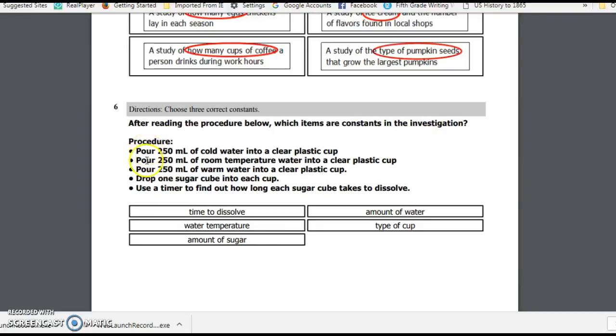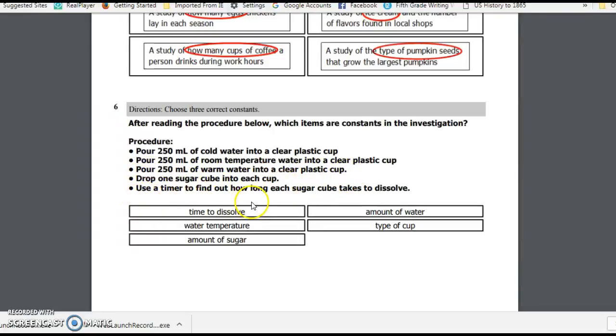A, procedure. Pour 250 milliliters of cold water into a clear plastic cup. Pour 250 milliliters of room temperature water into a clear plastic cup. Pour 250 milliliters of warm water into a clear plastic cup. Drop 1 sugar cube into each cup.